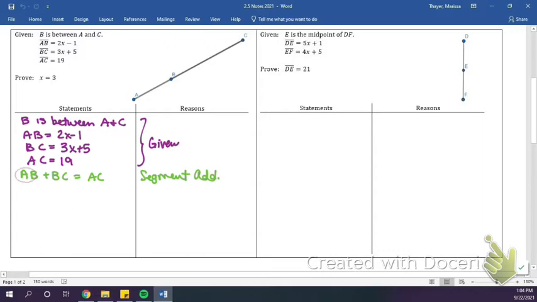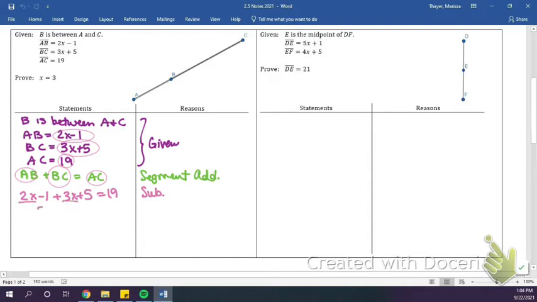We know that AB is 2x minus 1, and that BC is 3x plus 5, and that AC is 19. So we can write 2x minus 1 plus 3x plus 5 equals 19 using substitution.